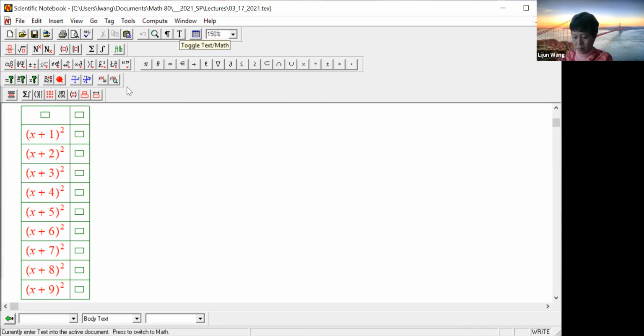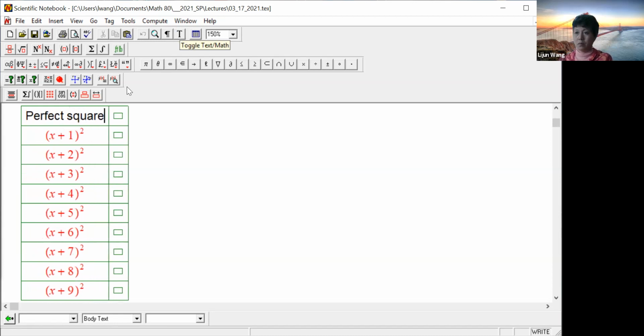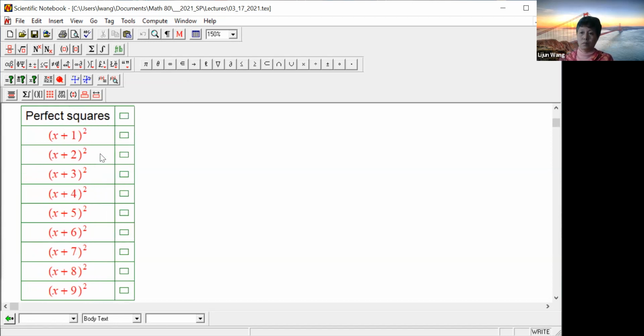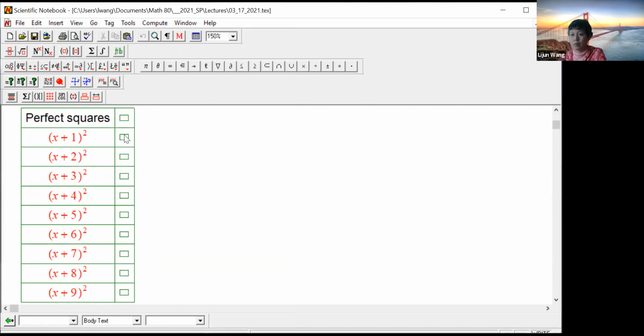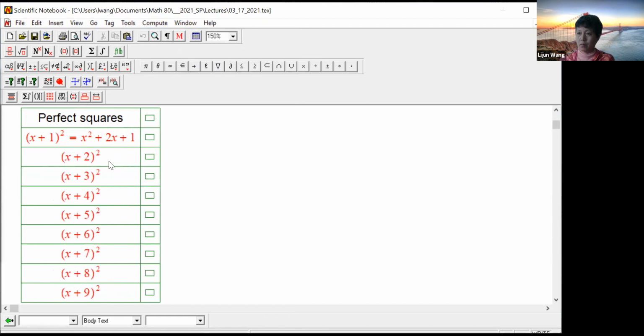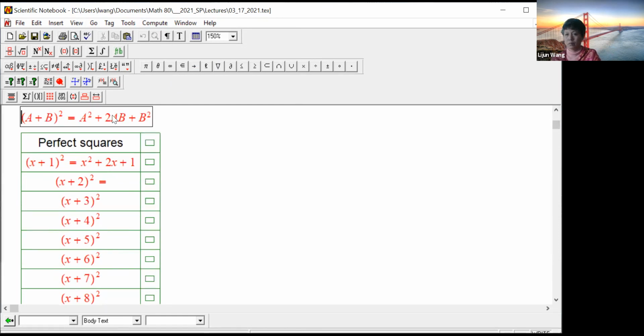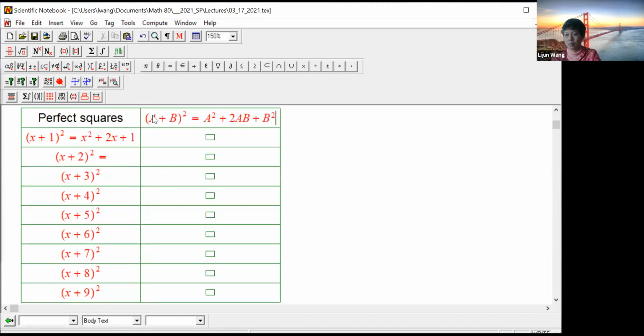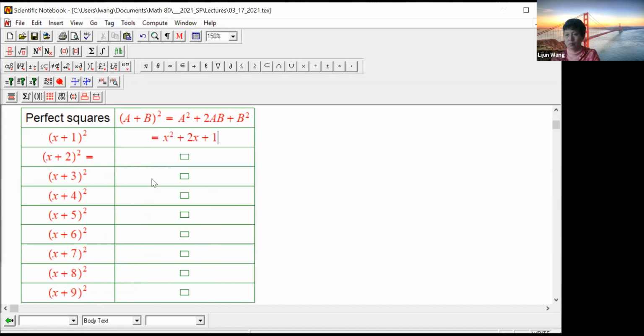Perfect square. You FOIL each one. Tell me what pattern you have found. You FOIL every one of them.